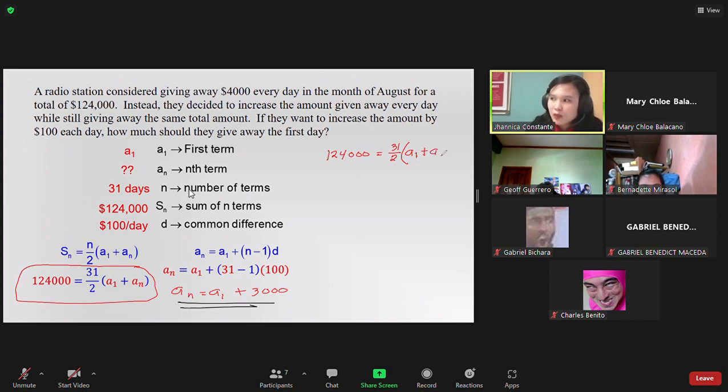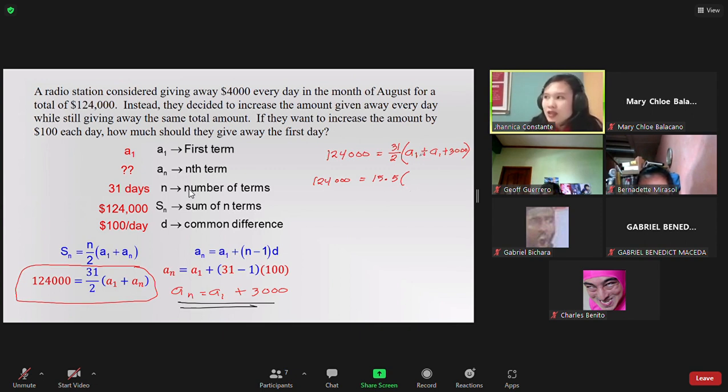So a1 plus 3,000. So 31 divided by 2, which is equal to 15.5, multiplied by the sum of the first term plus 3,000.